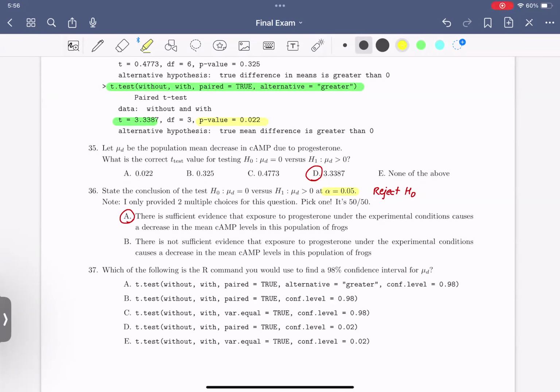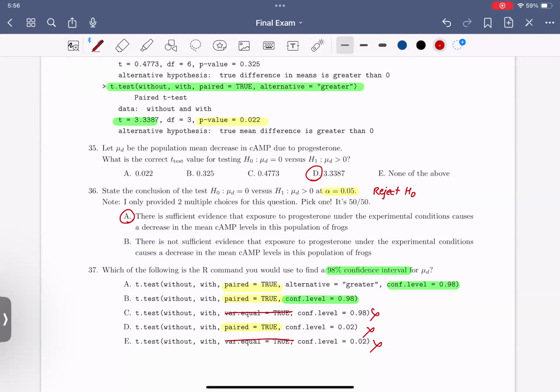So the choices that still make sense are choice A, choice B, and choice D. This one is wrong for sure. This one is wrong for sure. And also, you actually need the confidence level of 98% because you want a 98% confidence level. So this choice is not correct as well. So you only have A and B now.